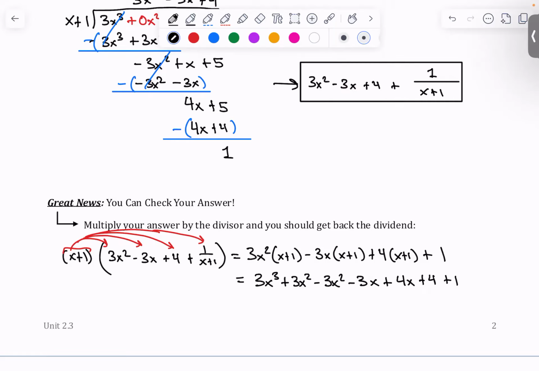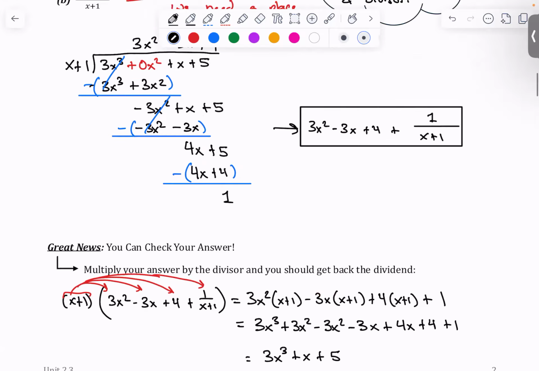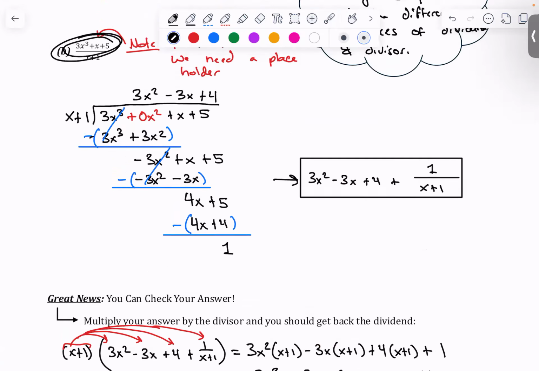Then I get the minus 3x squared minus 3x by distributing in the negative 3x into the x plus 1, and so on and so forth. And the 3x squareds will cancel. The negative 3x plus the 4x gives me 1x, and the 4 plus the 1 gives me a 5, which gives me 3x cubed plus x plus 5, which is precisely our dividend.